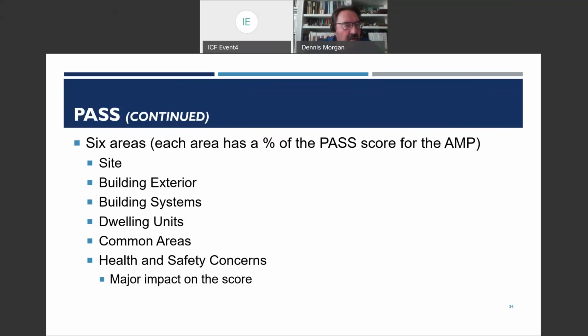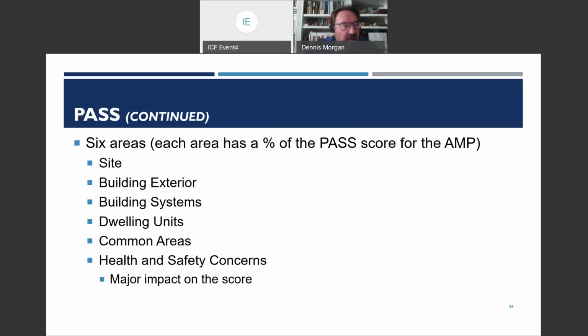Building exterior, worth 15 points. Building systems are worth 20 points. Dwelling units worth 35 points. And common areas worth 15 points. That will give you your 100 points that are associated with that particular AMP or that particular physical unit as well.